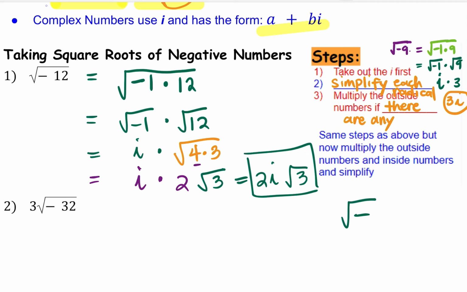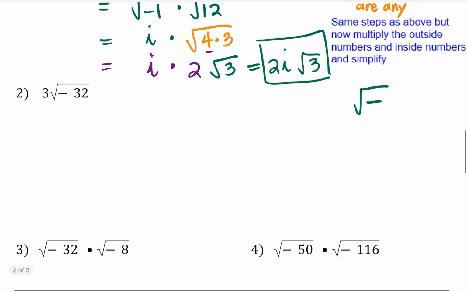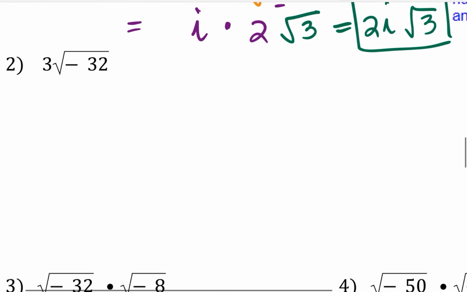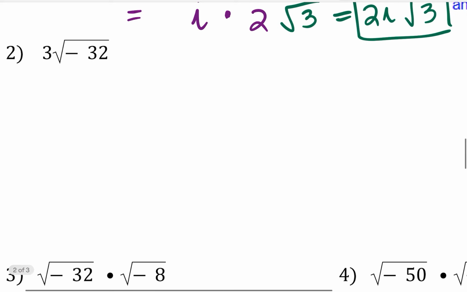All right, let's try this again. Let's try number 3. This time, we have a number on the outside of the radical, and that is a 3. So we're going to drop 3, and then you may take out the negative right away by just writing an i outside.